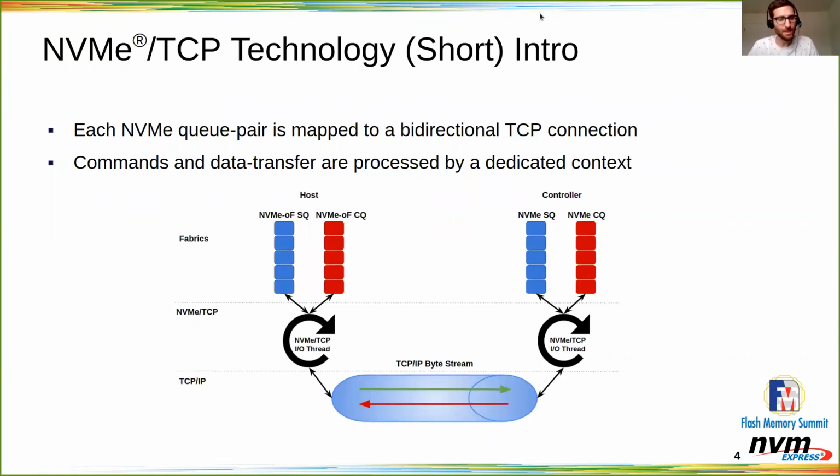All the submissions and completions are handled in what we call an NVMe TCP IO thread or some IO context that is either triggered from the host submitting IO or from the network, usually completing IO or receiving data. The same picture happens on the right-hand side with the controller. And basically, these are the contexts that are in charge of transferring data between the host and the controller.